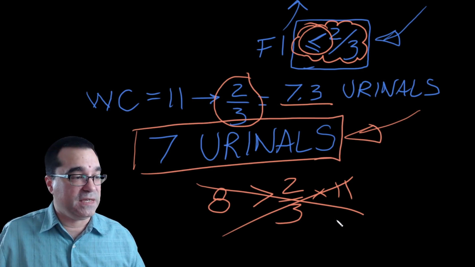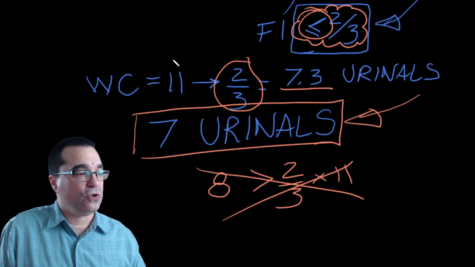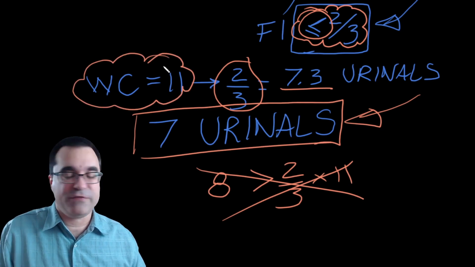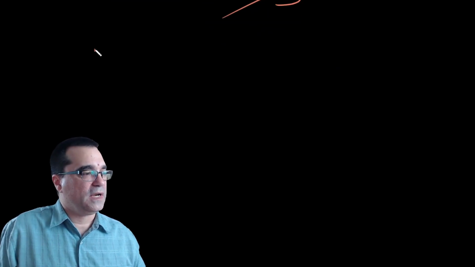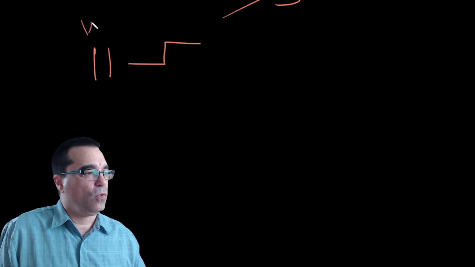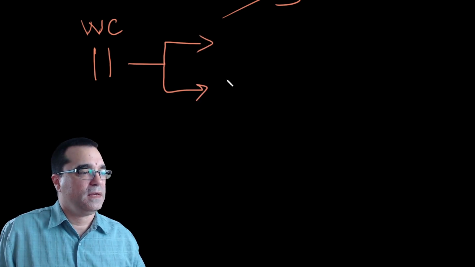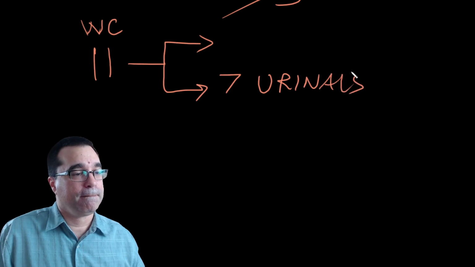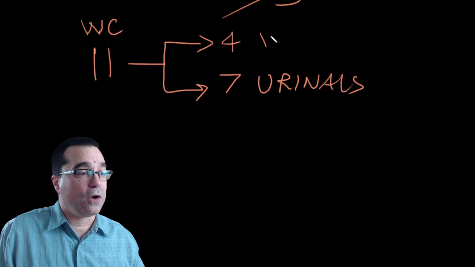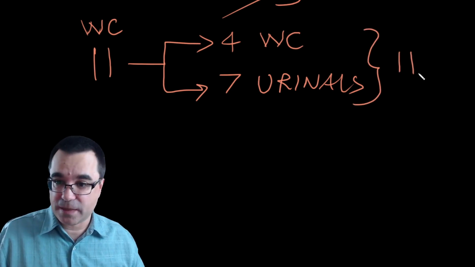Now, if we have 7 urinals, we no longer have 11 water closets for the male bathroom, and instead we have this. We're going to have 11 water closets that become 7 urinals and 4 water closets, because together, these still have to add up to 11.